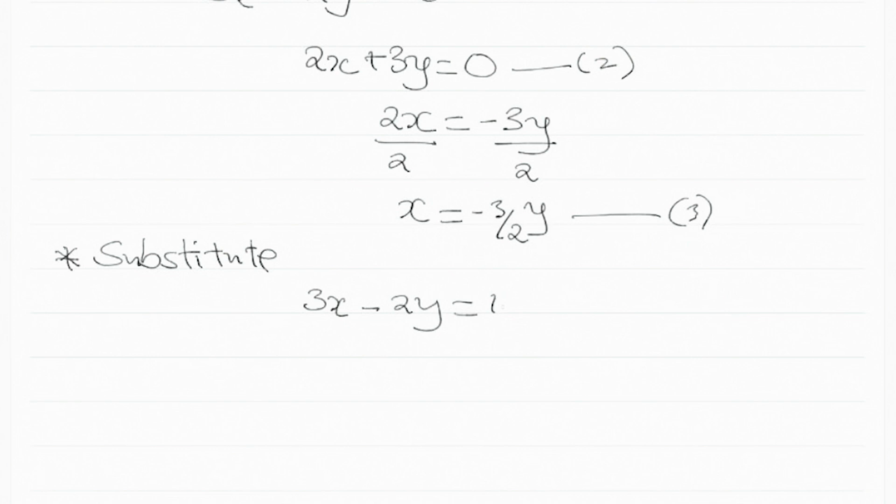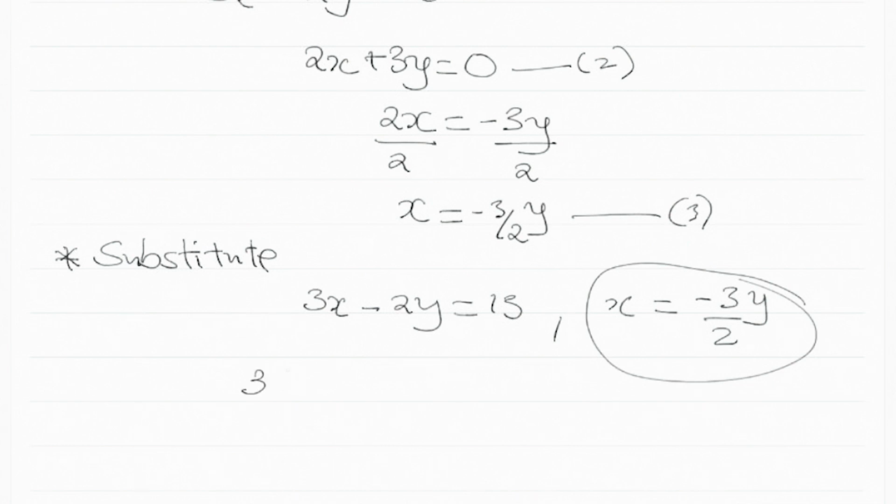So my equation 1 was 3x minus 2y equals 13. That is one caution that you need to take into consideration. And we are told that x is equal to negative 3 over 2 y. So where there is x, I'm going to substitute with that one. So I'll say 3, open brackets, negative 3 over 2 y, minus 2y is equal to 13.